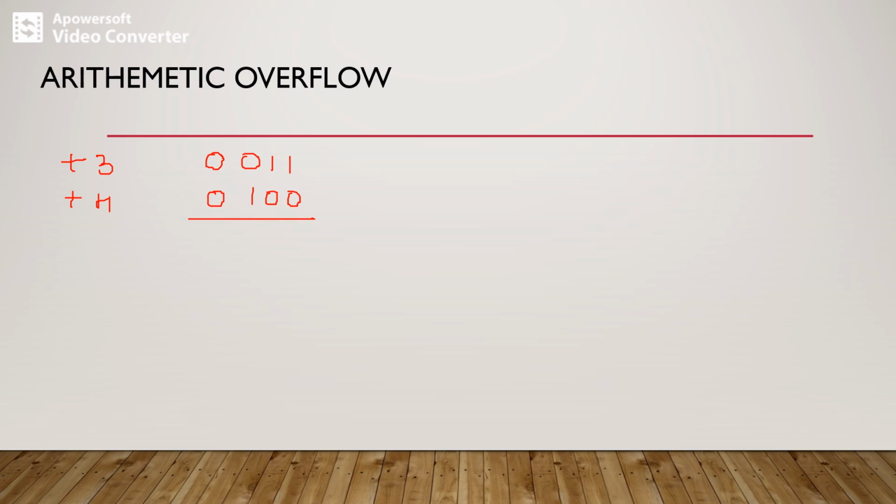Now add these two numbers: 1, 1, 1 and 0. So the value is plus 7. Here we added two positive numbers. I can observe that the MSB of the first number is 0, that is positive. The second number is also 0 and the result is also 0. So I can say that there is no overflow.